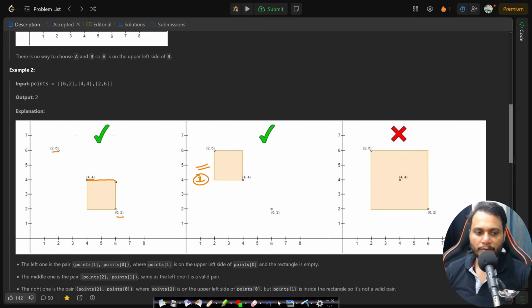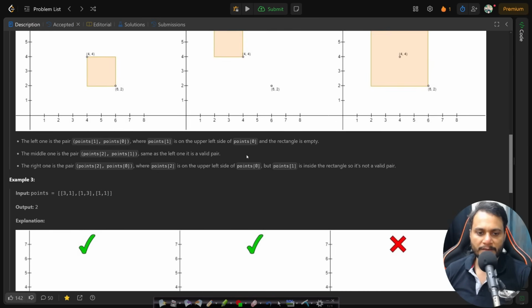Another one would be 4, 4 with 6, 2, so this will also be valid, the second one. But if you try to consider 2, 6 with 6, 2, then 4, 4 is lying inside it, and therefore it will not be valid, as you can see in the third figure. Since there are two valid rectangles, the answer is 2 for example 2.